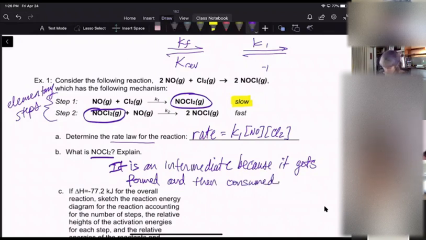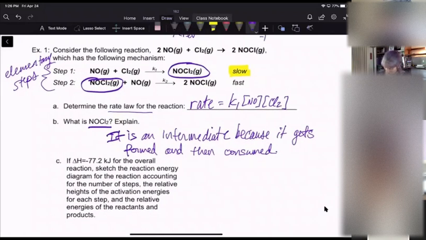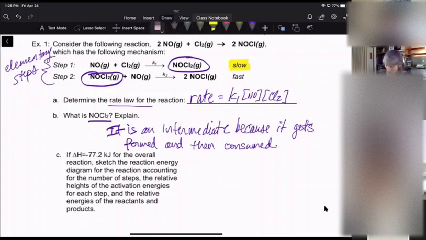Okay, so let's sketch an energy diagram for this reaction. So remember, if this is a slow step, what do we know about the activation energy? Is it going to be higher? Yeah, higher than what? The fast step. Yeah, it's going to be greater than EA2. And so what does that mean about how many lumps there are in your diagram?